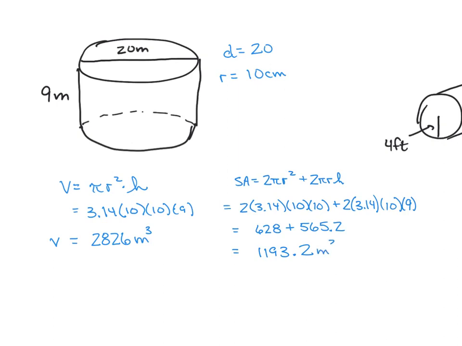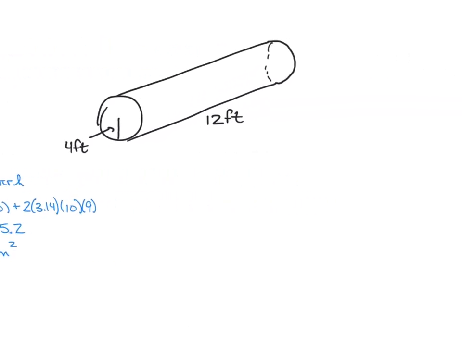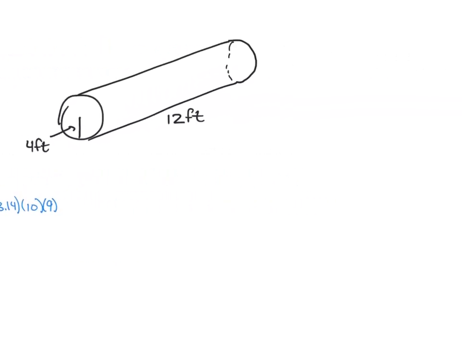This is an area, and so my units are going to be meters squared. Okay, there's our first one. Let's look at another one just to make sure that we got this down. Our second one is a cylinder with a radius of 4, so we don't need to do any extra work there. We already have our radius. And we're going to let 12 be our height.